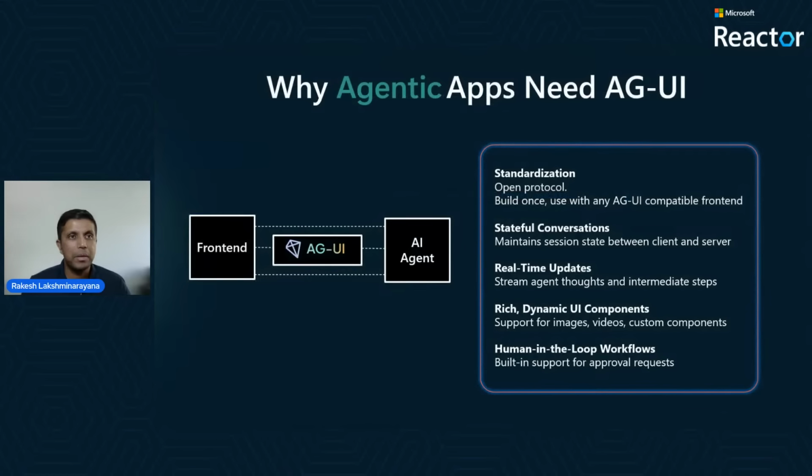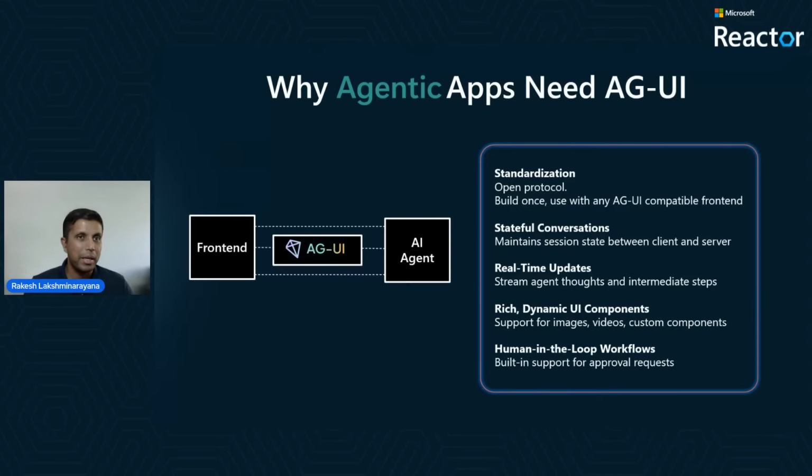Okay. So when you're actually building an AI application, it's not just about the agent or the model. It's also about the experience you provide to your users, right? So if you want the interaction to feel rich and engaging, you would not just work with plain text, but you would also have communication between your backend and your front end.